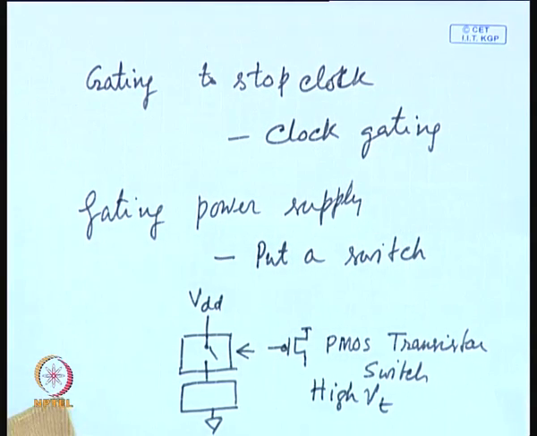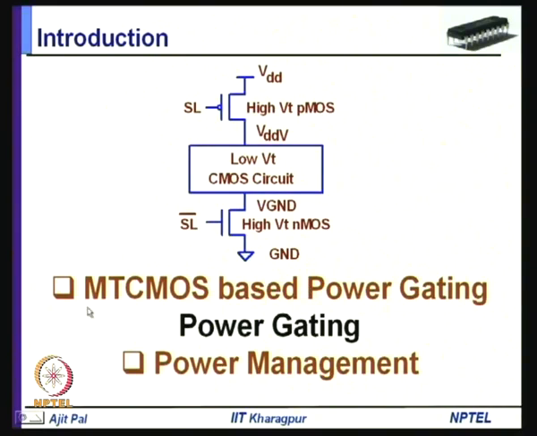And that is the reason why this approach is also called MT CMOS based power gating, and subsequently the MT CMOS part has been removed, and it is simply called power gating.